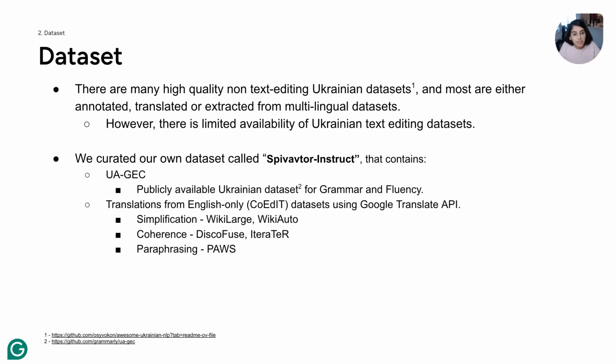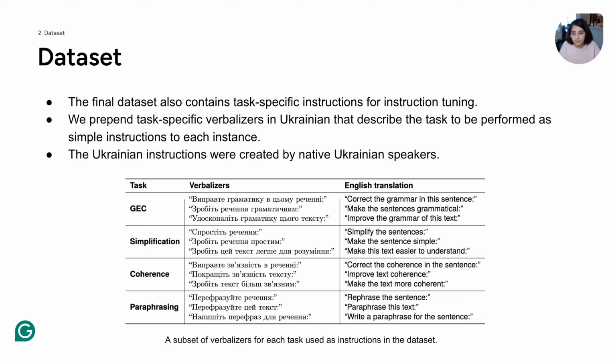And for the rest of the 3 tasks, we translate the English data sets that we used for other models like CoEdIT into Ukrainian using the Google Translate API. Here are some of the data sets that we have used for training, which is also open sourced.